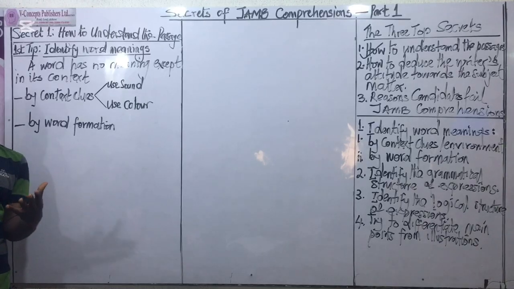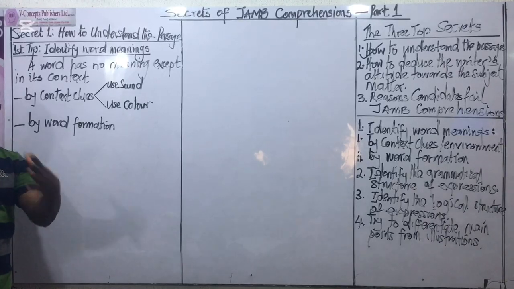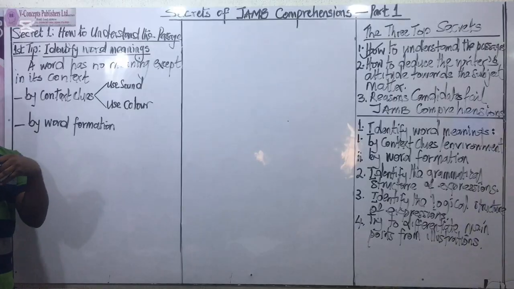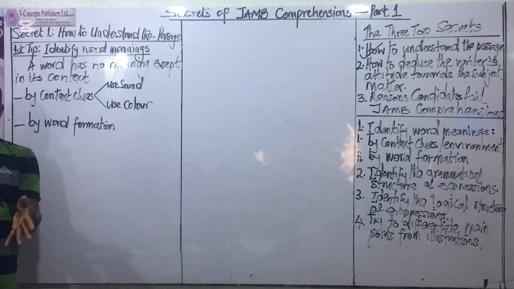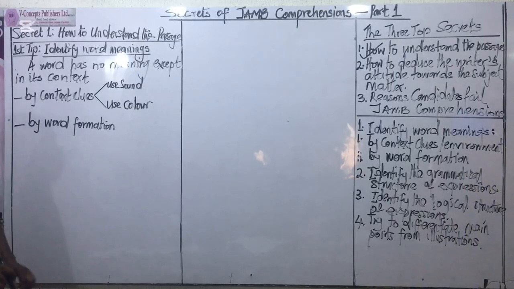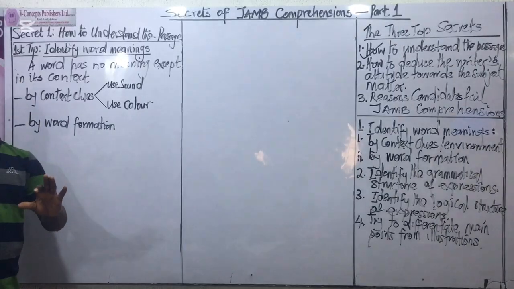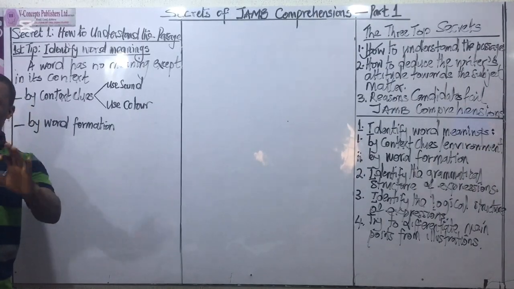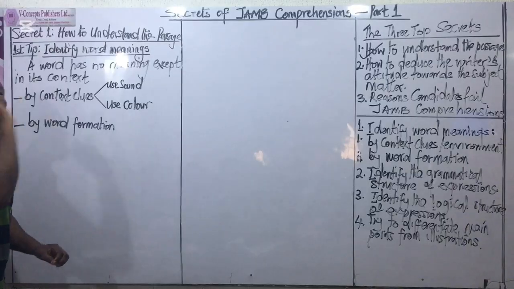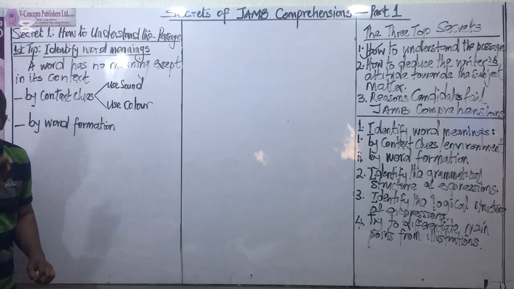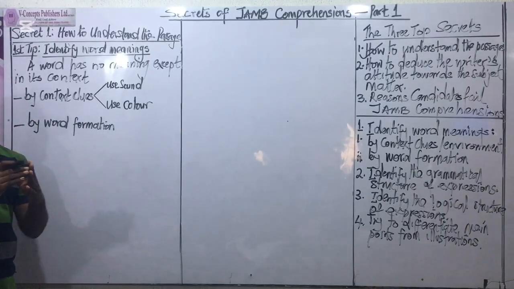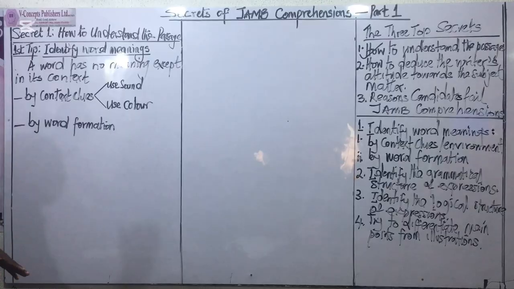And the context is going to be a little bit strange, like unfamiliar words are going to be present in the passage. So the first thing you should do to understand a JAMB comprehension passage is to try to understand the individual words. So you make that a point of duty first.